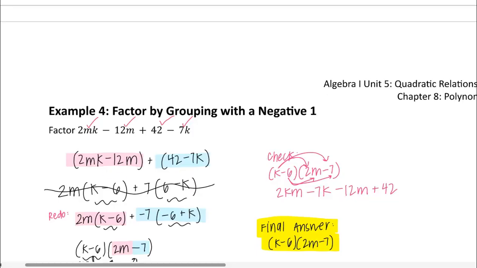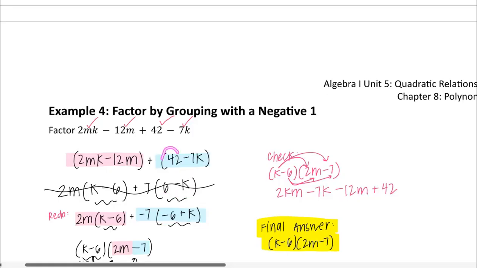Those are exact opposites. If you get exact opposite parentheses, what you need to do is redo it. So instead of factoring out a positive 7 from this group, you're going to instead factor out a negative 7. When you factor out a negative 7 instead of a positive 7, you have exactly the opposite now as what you did before.